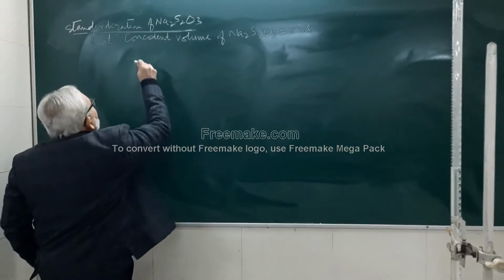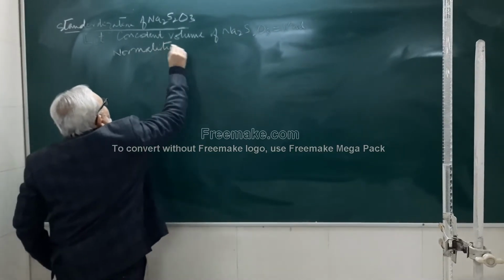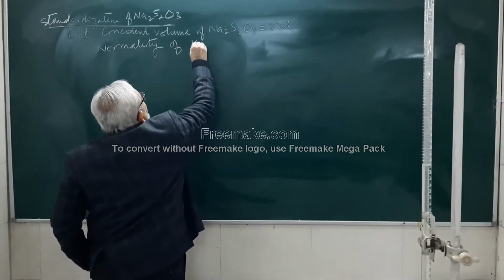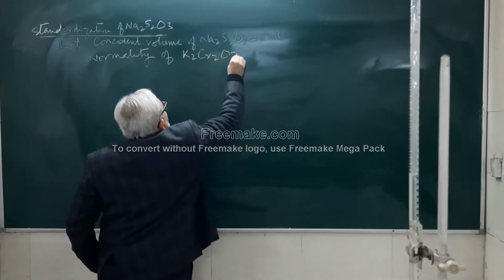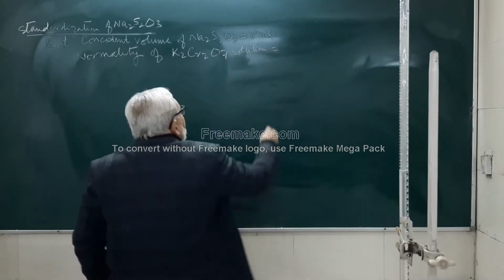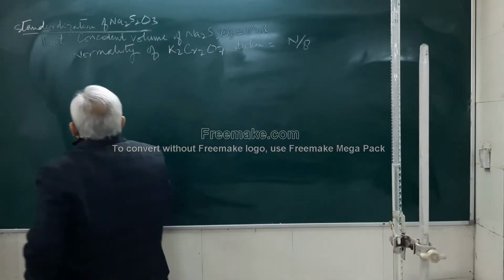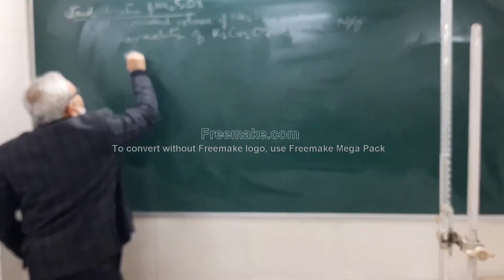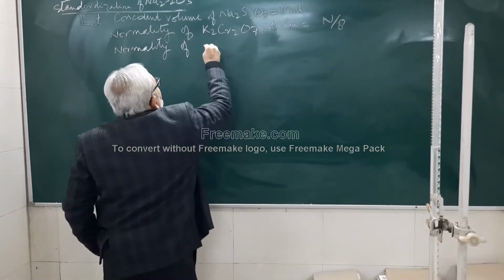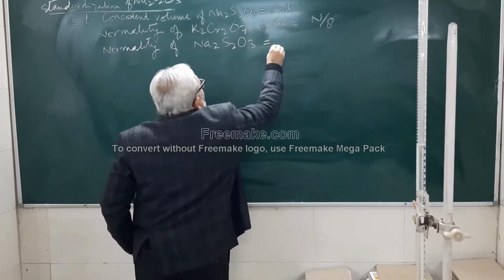And as given, the normality of potassium dichromate solution is N/80. Normality of Na2S2O3 is unknown.